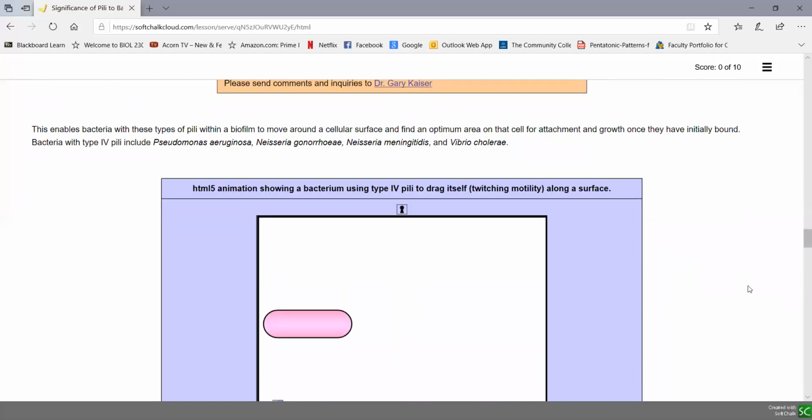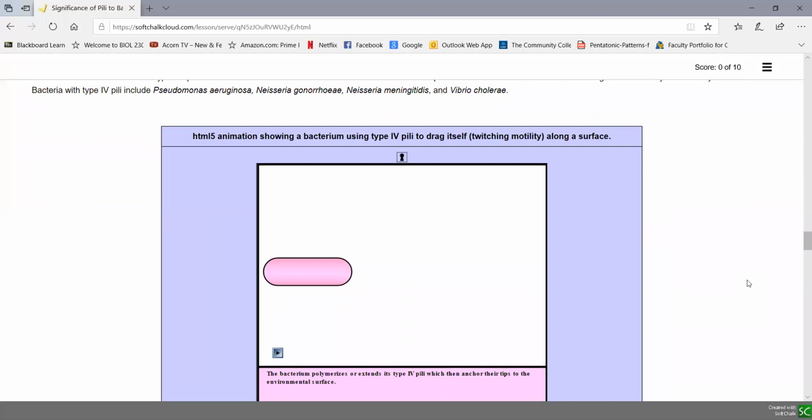So let's take a look at how the type 4 pili can do this twitching motility or drag themselves over a cellular surface. We can picture them as crawling along the cell surface. So here we see a bacterium in this animation, and as it extends the pili, the adhesive tips attach. And then as it depolymerizes the pilin, that pulls the bacterium towards where it's attached.